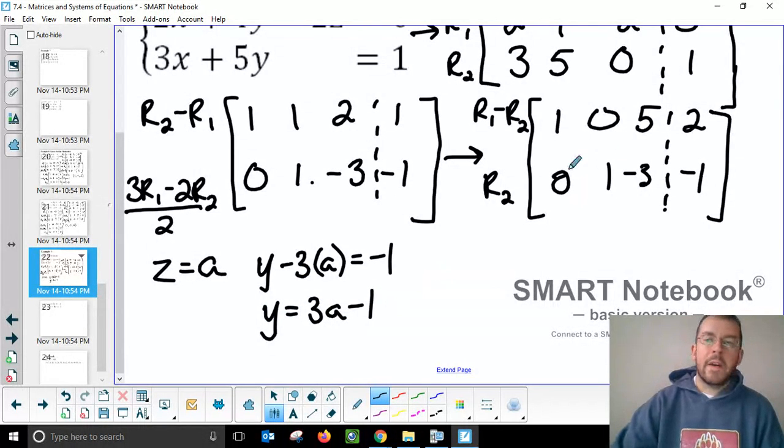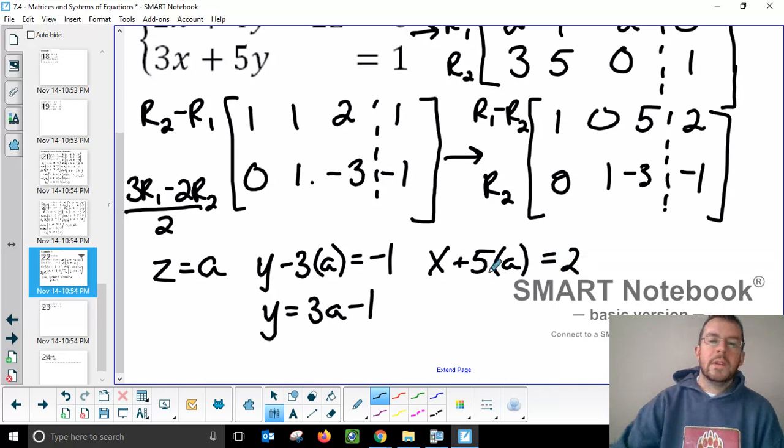Now I can take my y and my z and plug them in up here and solve for x. If I do that, I get x plus 0y, well, 0 times anything is 0, so that cancels out, plus 5z, and we know z is equal to a, is equal to 2. So this is just 5a, so I can subtract 5a from both sides.